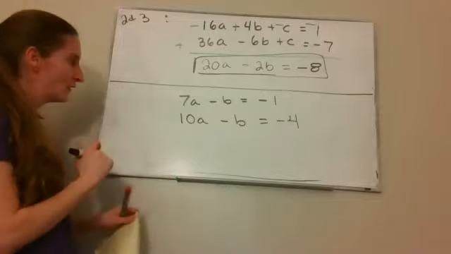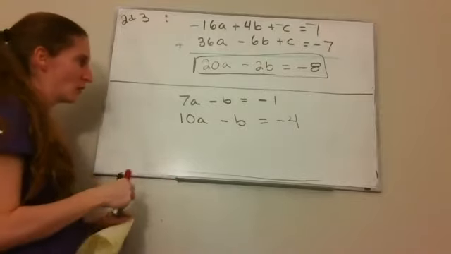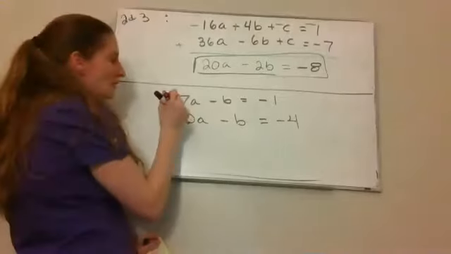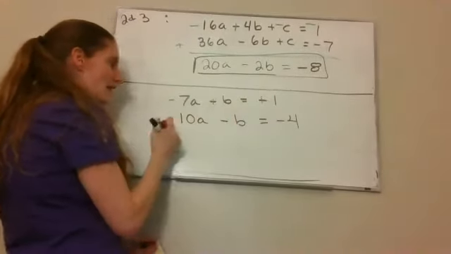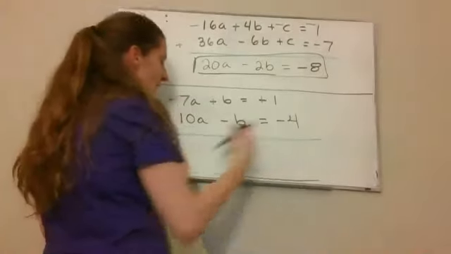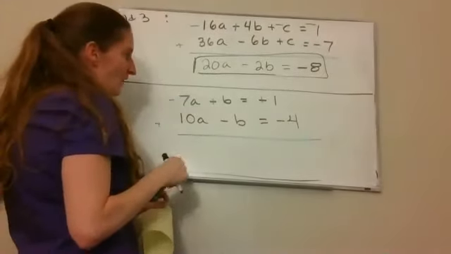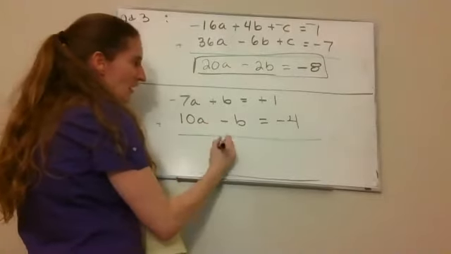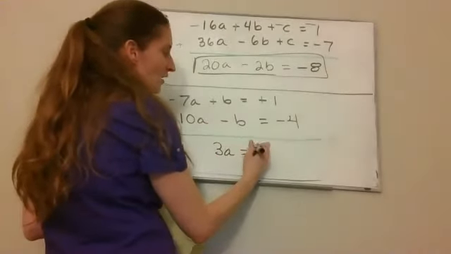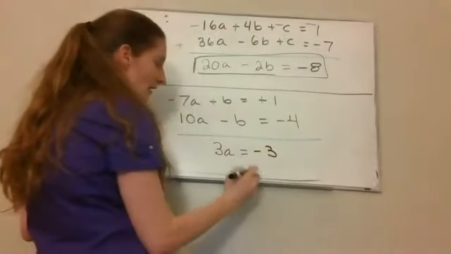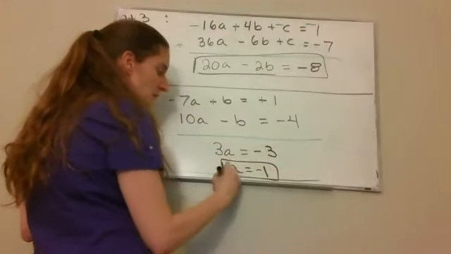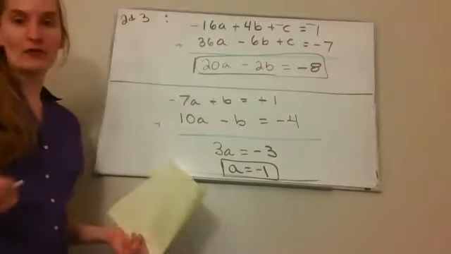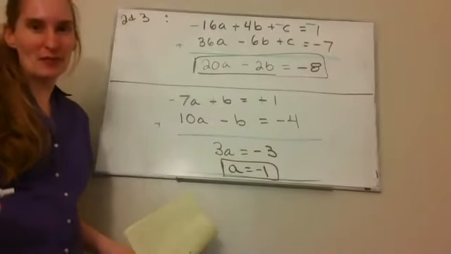Now to solve this system of equations, I'm going to again multiply the top equation by -1. That changes all my signs. And when I add these equations together, the b goes away. And I get 3a equals -3, which means a is -1. So I have one of my coefficients for the parabola now.